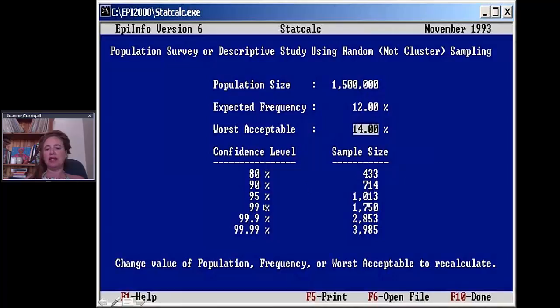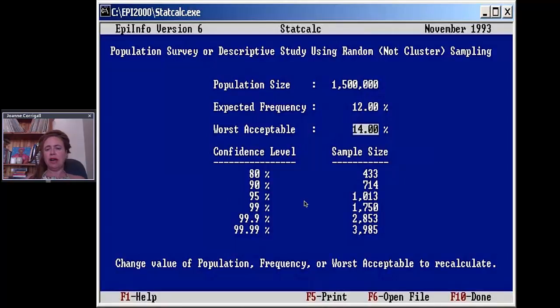So what this tells us is that from a population of 1.5 million, we would need to sample about 1,000 people in order to give us a point prevalence with a plus or minus 2% confidence interval that we can be 95% certain will repeatedly approximate the population parameter.